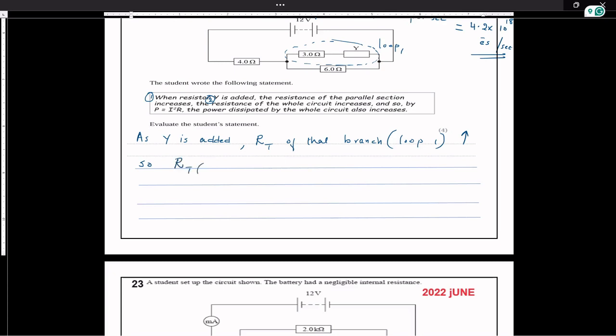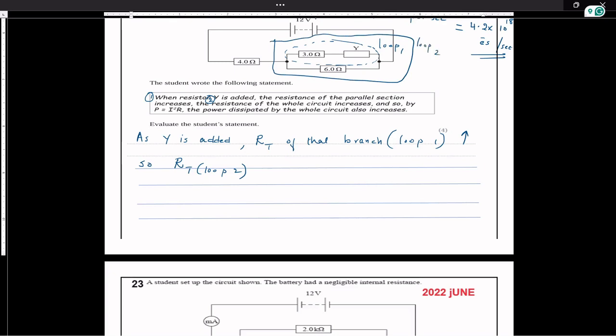Now R total of loop 2. So let us take the whole thing as loop 2. Let us take resistance of loop 2, which is equal to 3 plus Y parallel 6. This also increases.